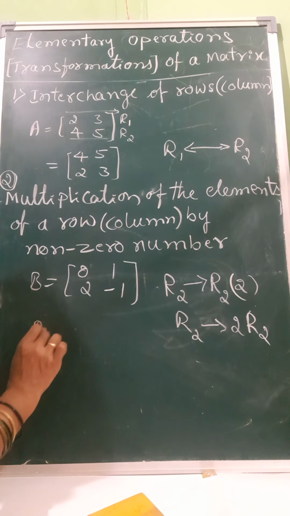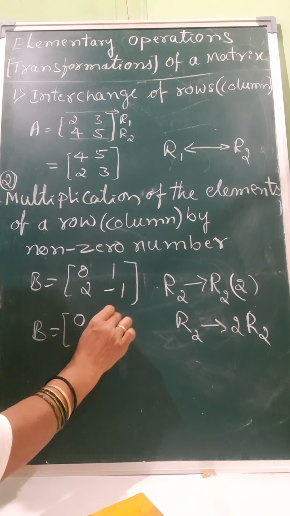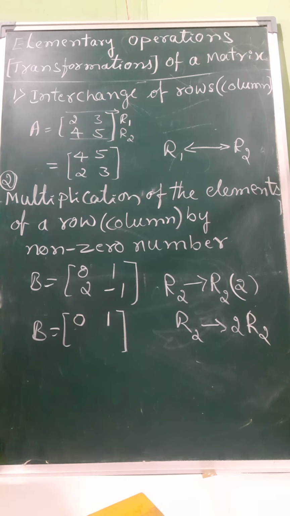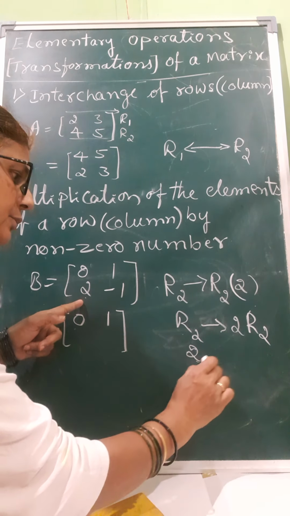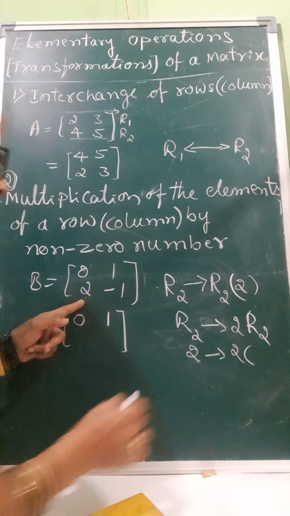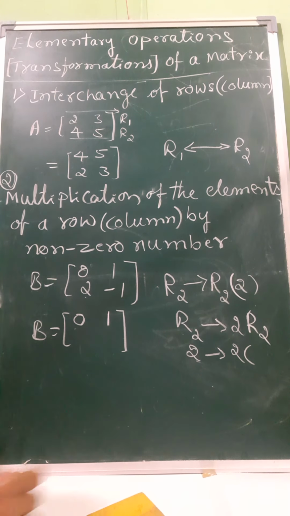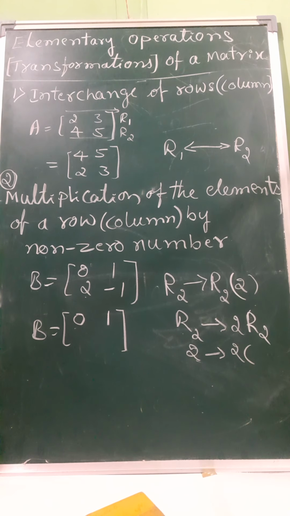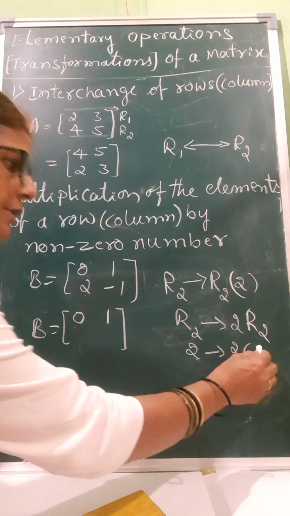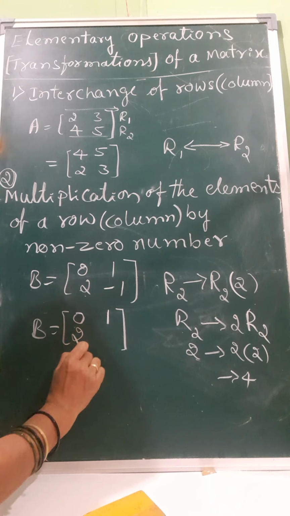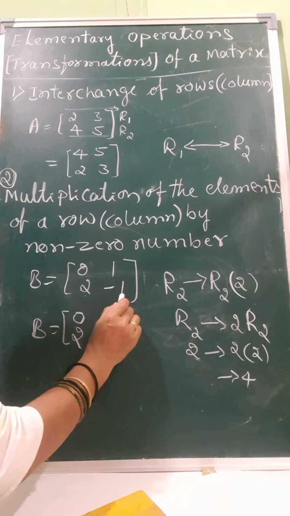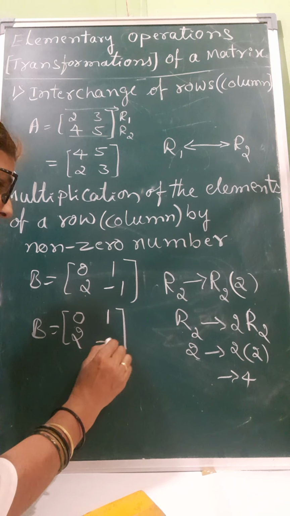So B becomes 0, 1 as it is in the first row, and in the second row, 2 into 2 becomes 4, and minus 1 into 2 is minus 2.